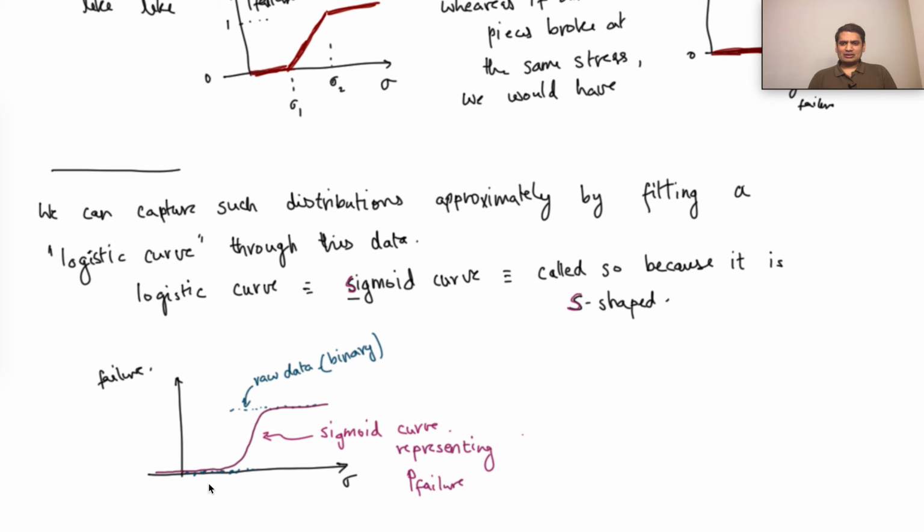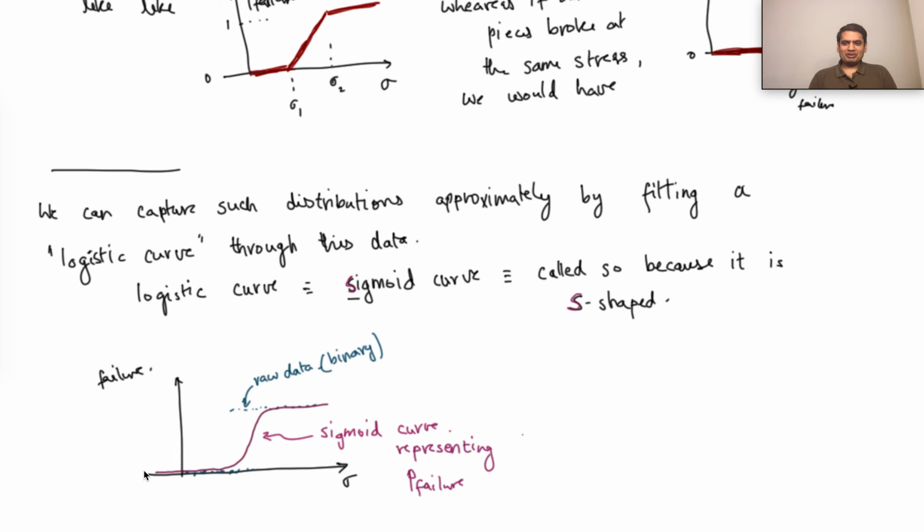It looks like this. Rather than having these three pieces, it is one continuous, arbitrarily differentiable function which goes to 0 at minus infinity and goes to 1 at plus infinity. Of course, minus infinity doesn't make sense.